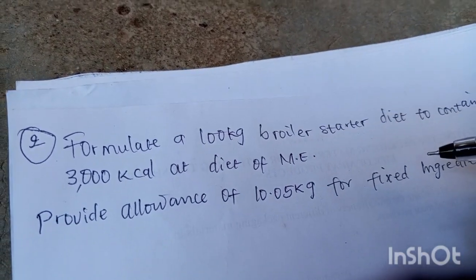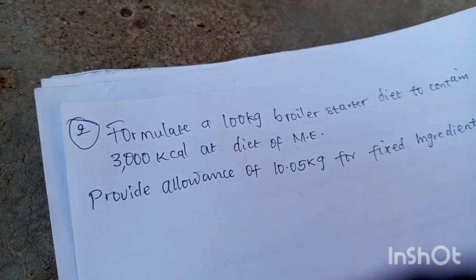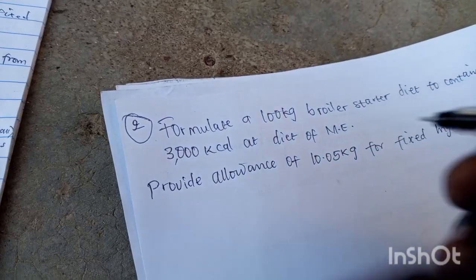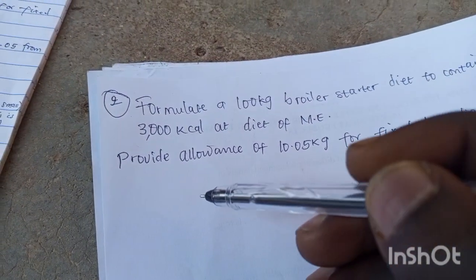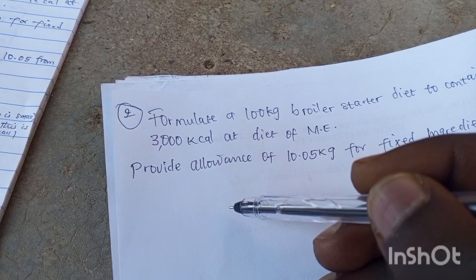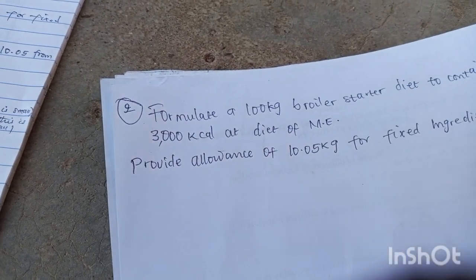Remember, we are formulating it on 100 kg. So in doing that, we are going to first calculate what? We are going to subtract the 10.05 kg out of the 100 kg.